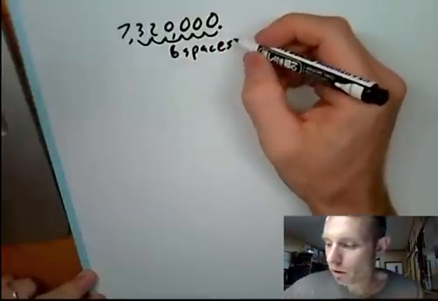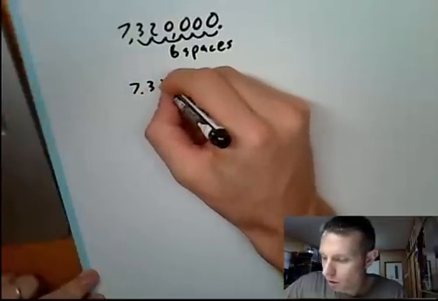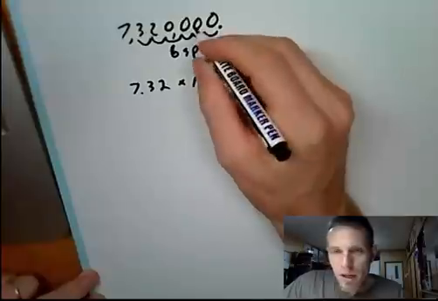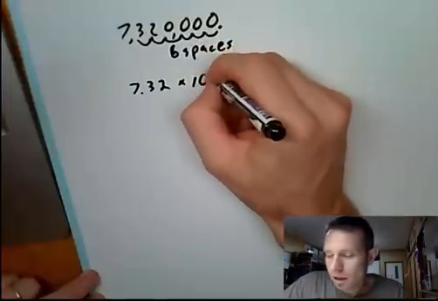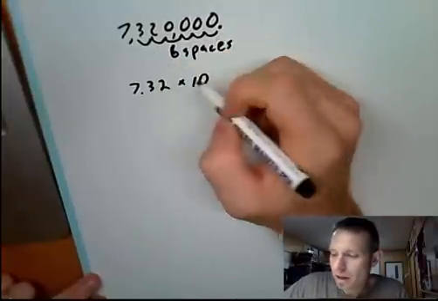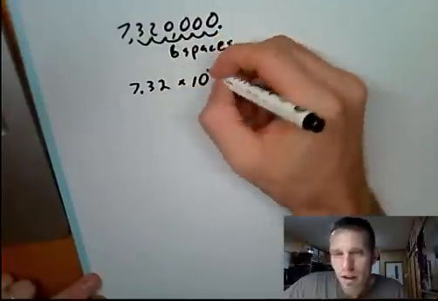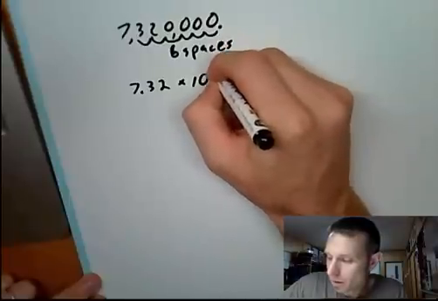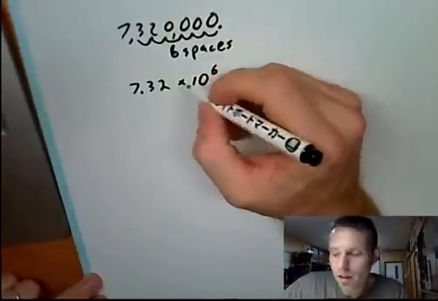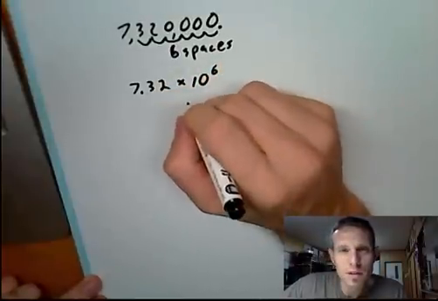So now we write it as 7.32, and this gets multiplied by the base of 10, and the exponent, very simply, is the exact number of spaces that you moved the decimal. That would be 6 places, so the exponent is 6. So we have 7.32 times 10 to the power of 6.